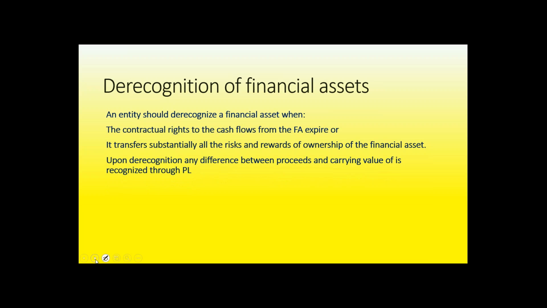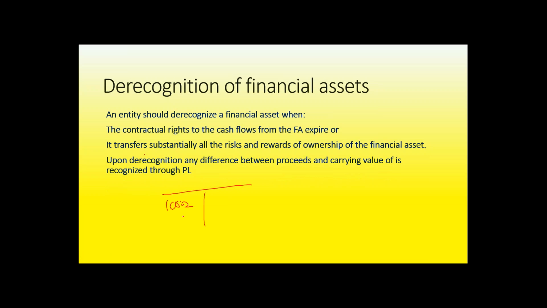Upon derecognition, again we have to look at what we are going to get. Maybe this loans and receivable at amortized cost might have a figure of something like 105.2 as at 31st December.